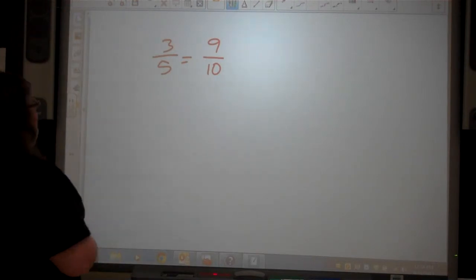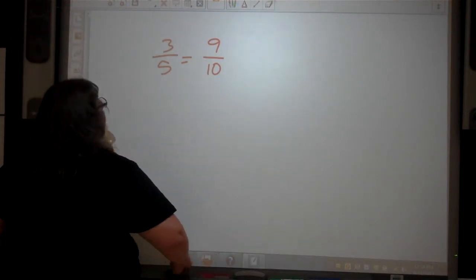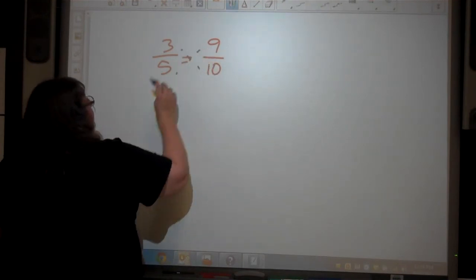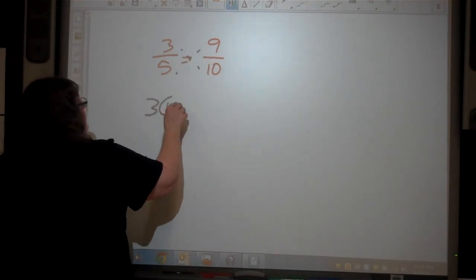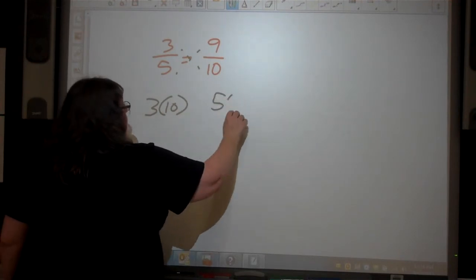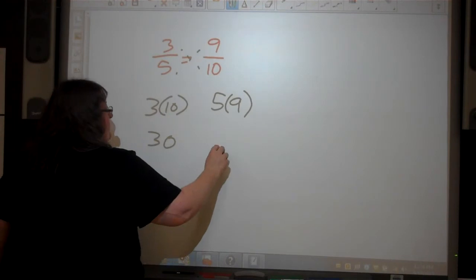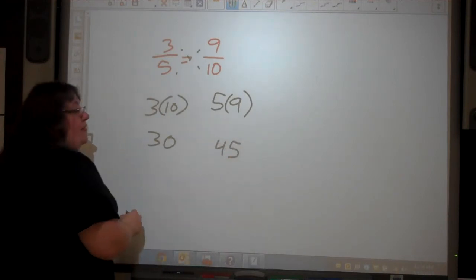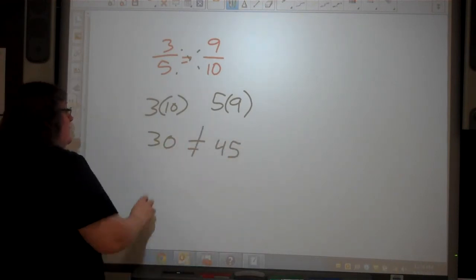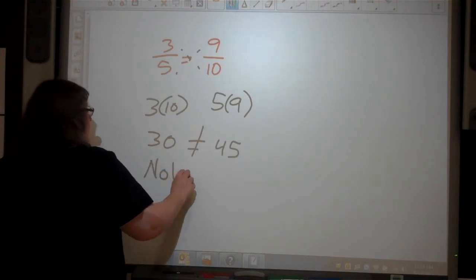Okay, so to do this math, you want to cross multiply. Okay, so 3 times 10 and 5 times 9. 3 times 10 is 30, 5 times 9 is 45. They are not equal. This is not proportional.